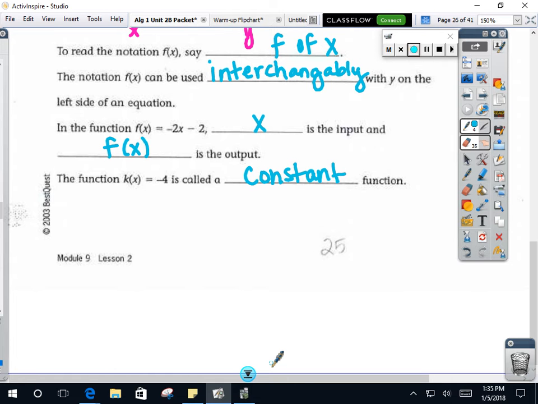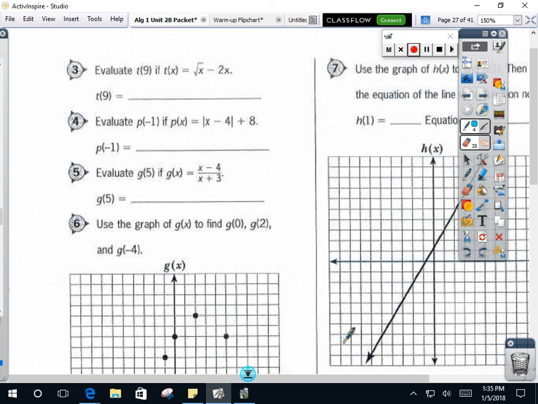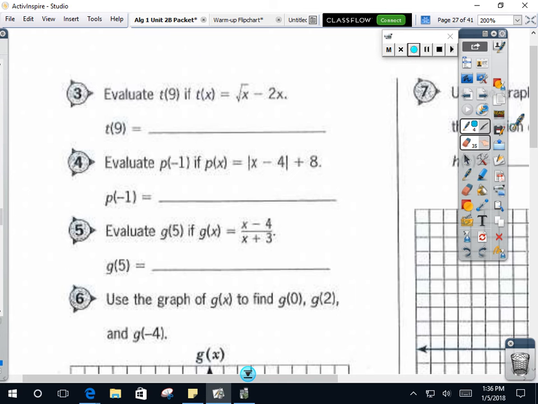Let's go to page 26. All right, number 3, evaluate t of 9 if t of x equals the square root of x minus 2x. It's not hard, I promise. This is very easy.